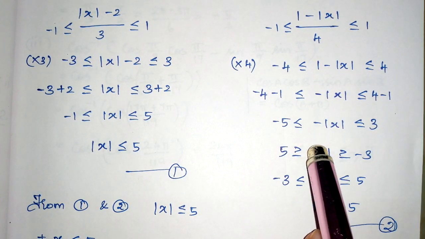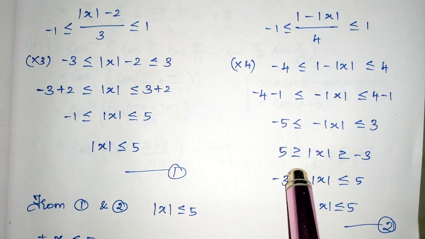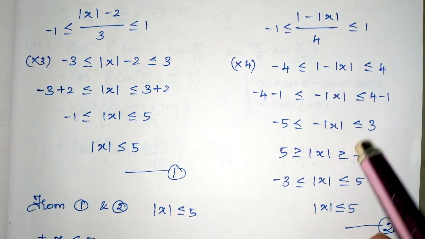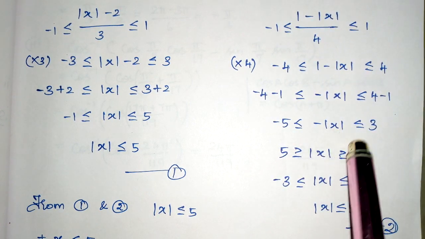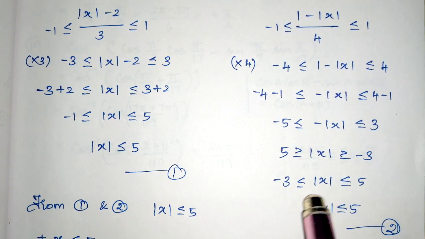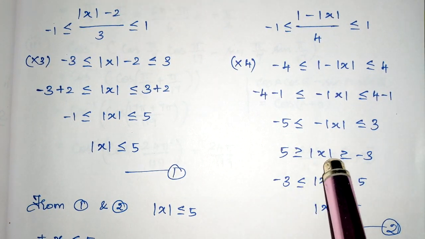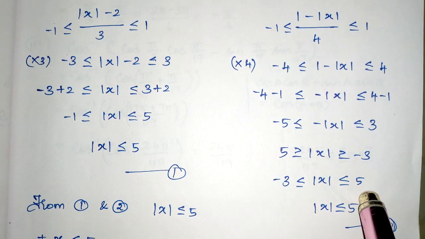So less than or equal to becomes greater than or equal to, and here less than or equal to becomes greater than or equal to. Now modulus of x is greater than or equal to -3, and modulus of x is less than or equal to 5.